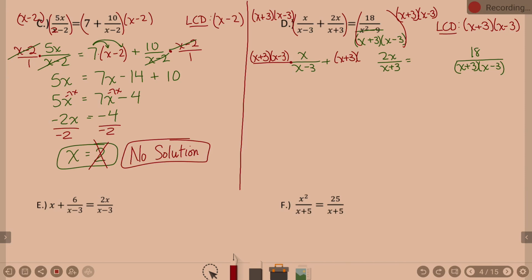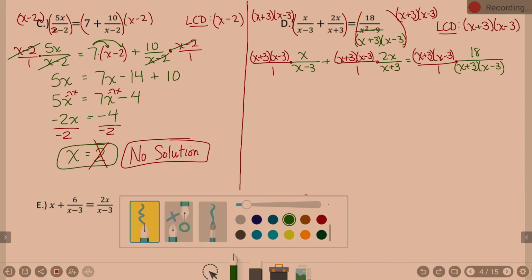Put them over 1. Okay, guys. Got everything ready to go. I wrote my equation. I wrote what I'm multiplying by. Let's see what remains when we're done.